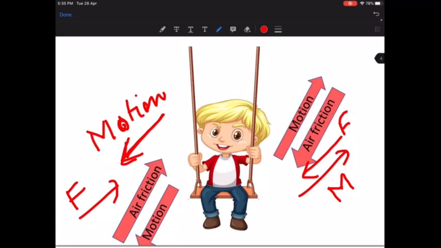So again, in the backward direction also, there'll be a force pushing the swing in the front direction, and in the forward direction also, there is a force which is trying to push the swing in the backward direction. So in both directions, every time the swing is traveling forward and backward, there is a force which is trying to stop the swing. That force is known as frictional force, okay?